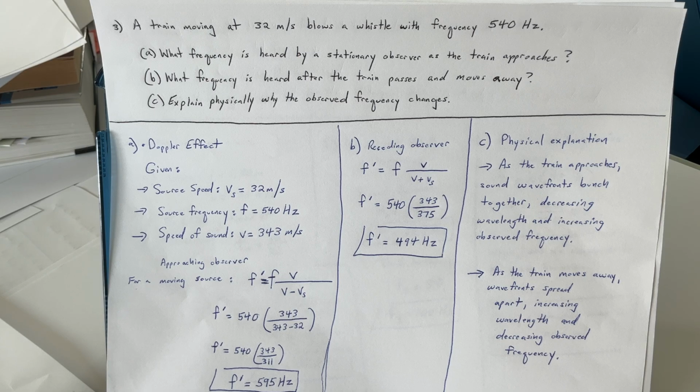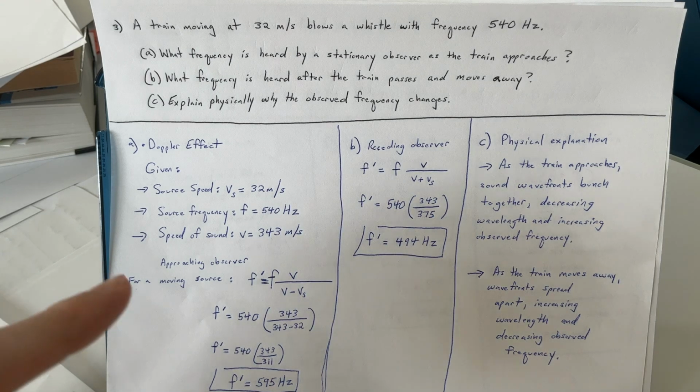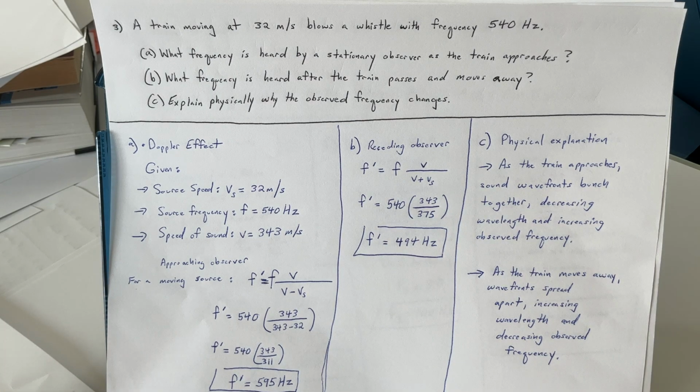We use the approaching formula for a moving source, so f′ equals f times the quantity v over v minus the source speed. Substituting, f′ equals 540 times 343 over 343 minus 32, and we wind up with 595 hertz.